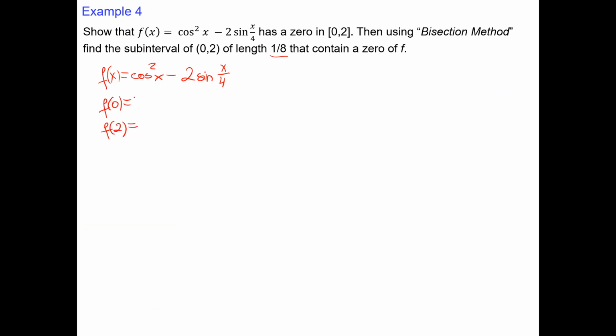We substitute 0 for x. 0 over 4 is 0. This one is not complicated because cosine at 0 is 1, 1 squared is 1, and sine at 0 is 0. Then we substitute 2: cosine at 2 squared, and then sine at 2 over 4, which is 1/2.